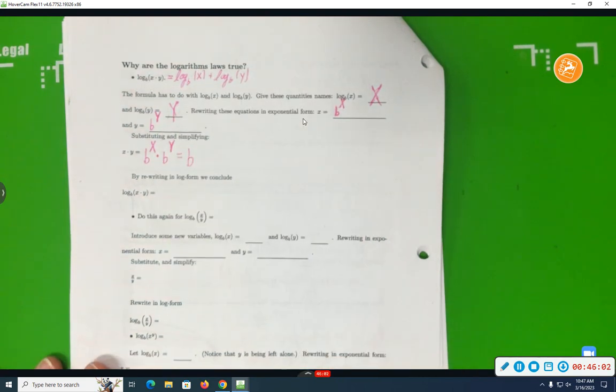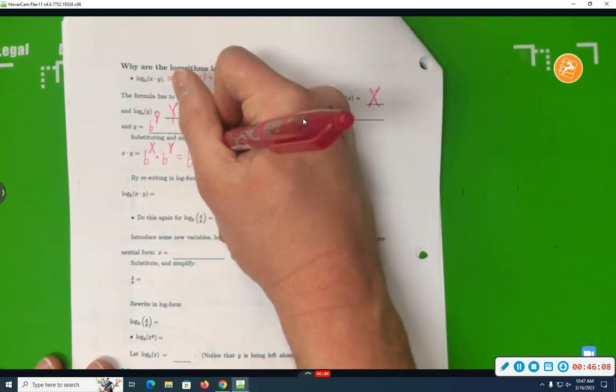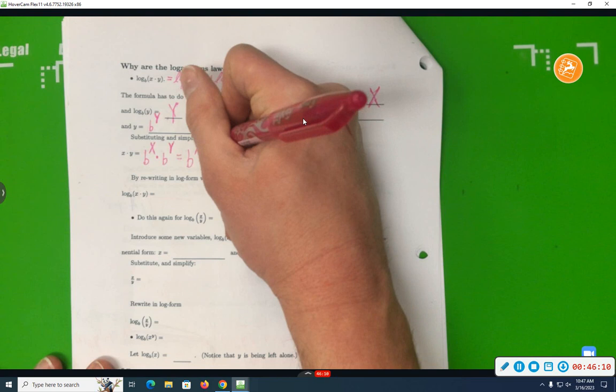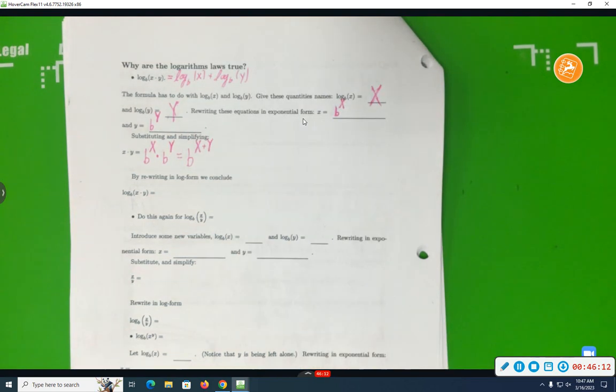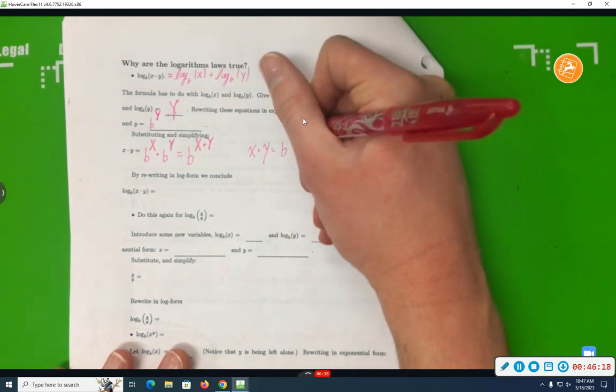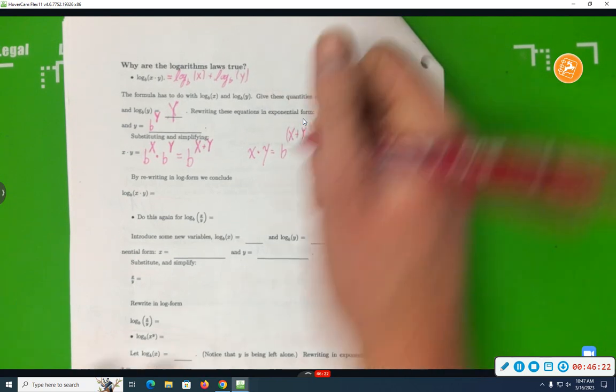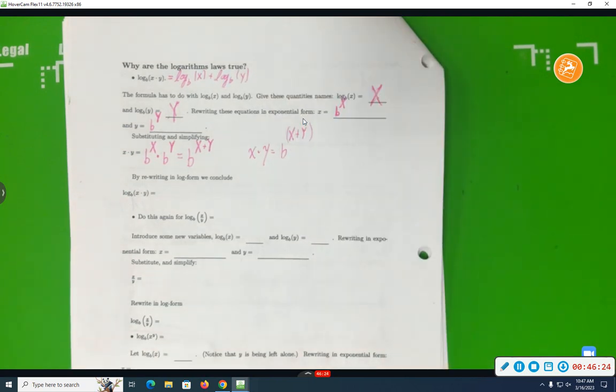I think you probably meant the right thing, but you said times when you meant plus. Oh, wait, let's see what that means. That means x times y is equal to b to the capital X plus capital Y. Aha, there's an equation in exponential form.